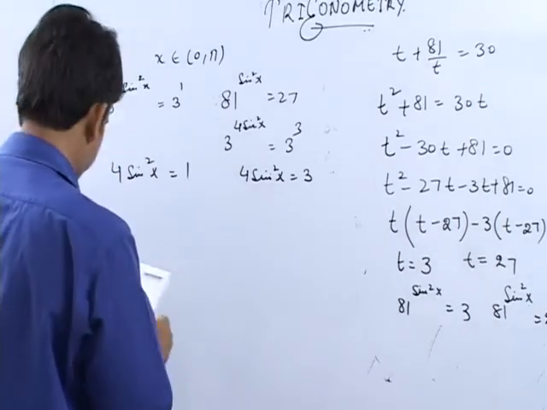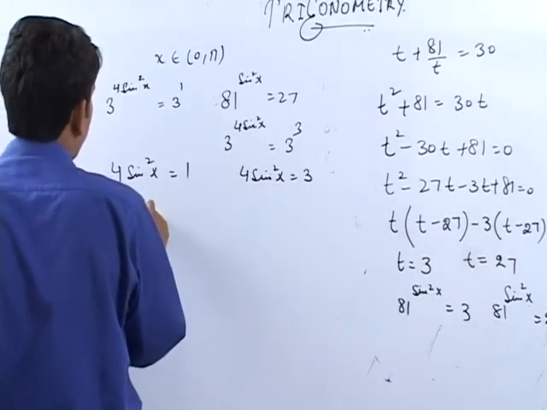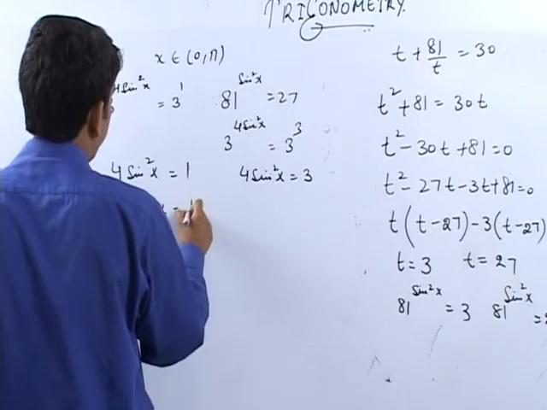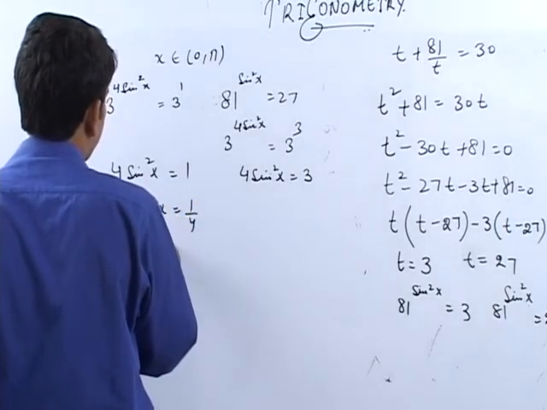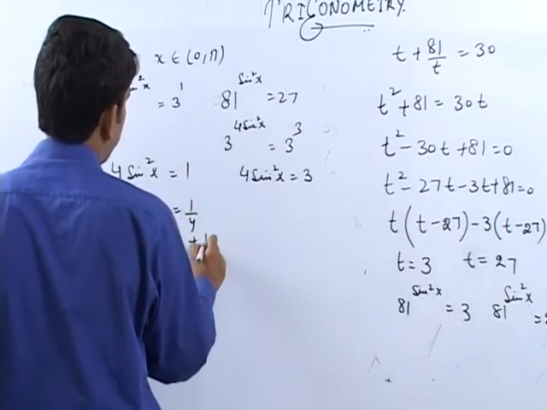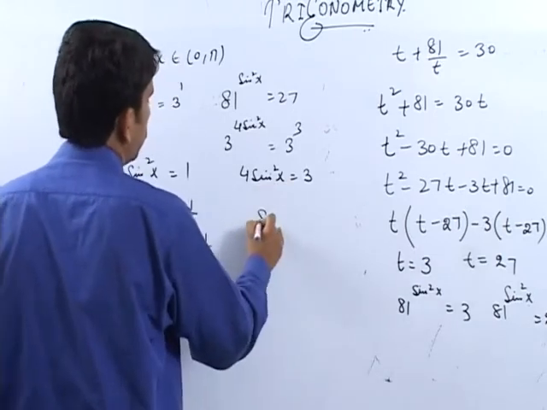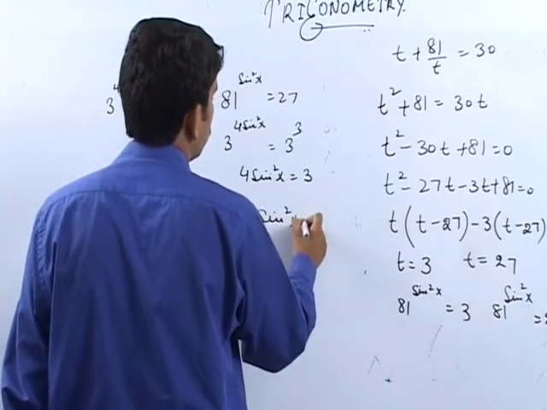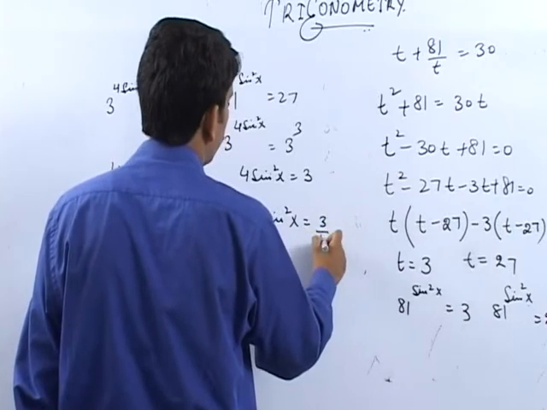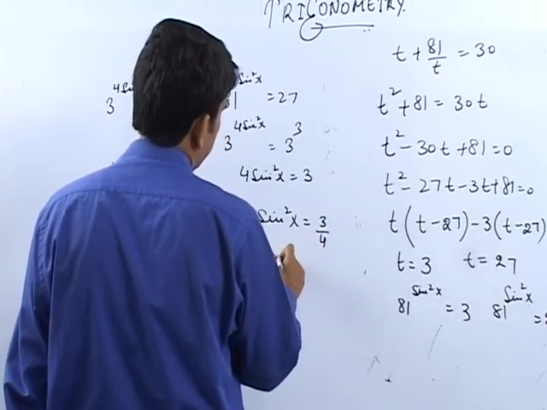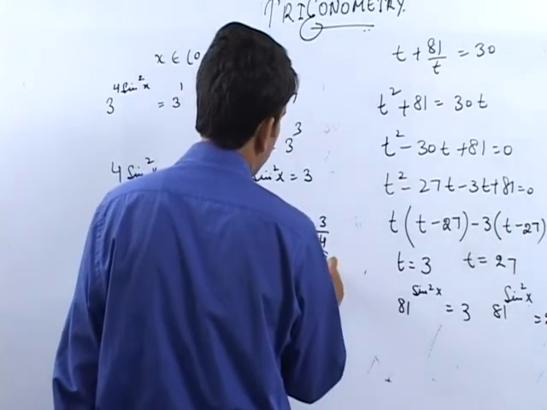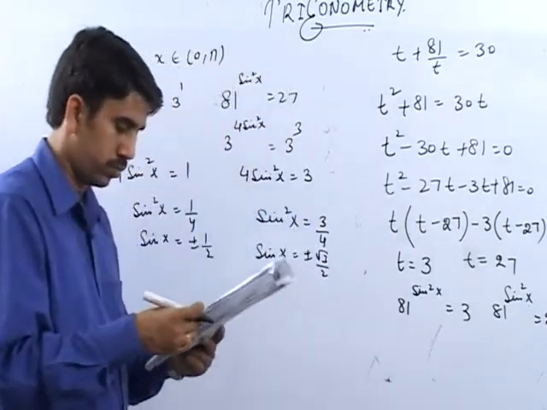Now from here, sin square x is equal to 1 by 4 and sin x is equal to plus minus 1 by 2. From here, sin square x should be 3 by 4 and sin x should be equal to plus minus root 3 by 2.